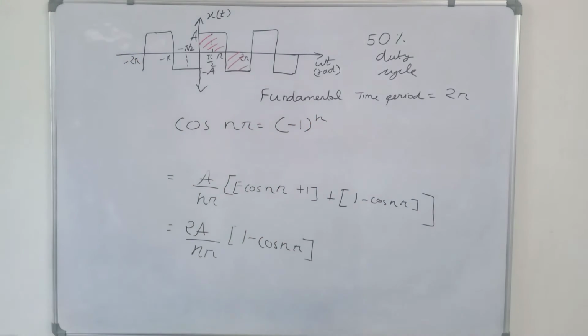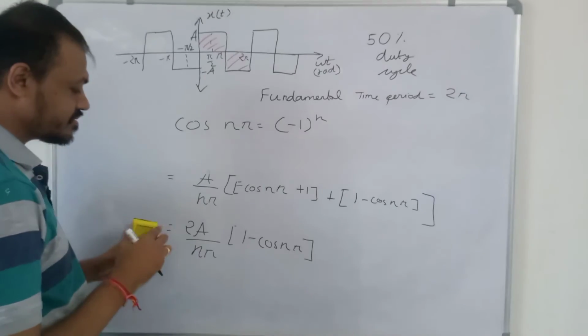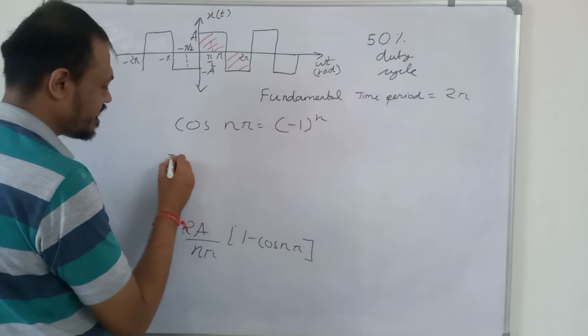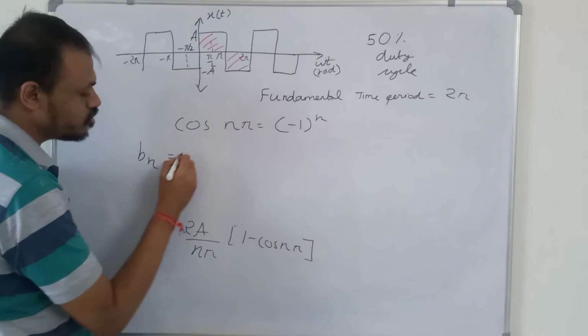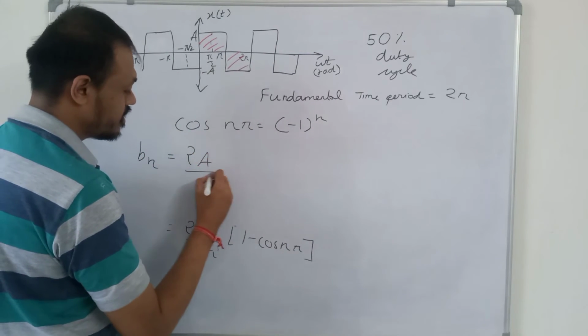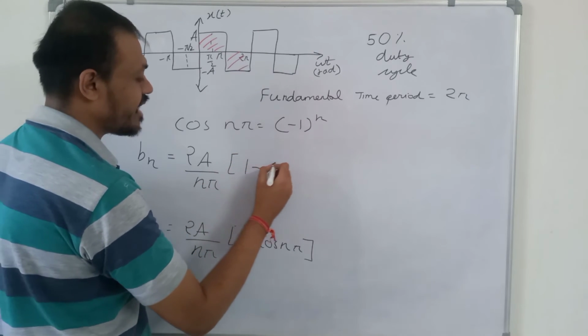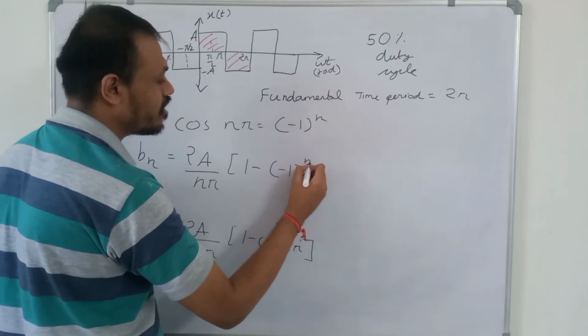This formula we have studied in maths in 11th class and 12th class as well. So cos n pi is equal to minus 1 to the power n, so we can write that here. So Bn will be equal to 2a upon n pi, 1 minus minus 1 to the power of n.